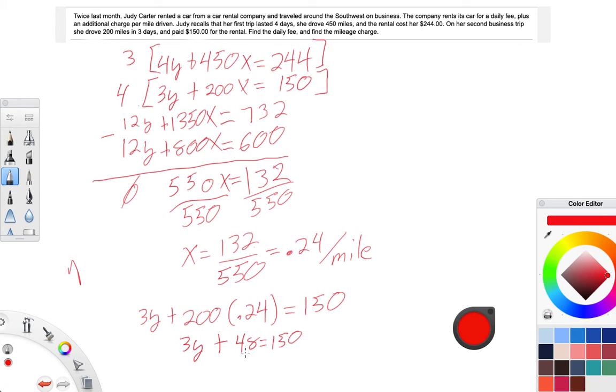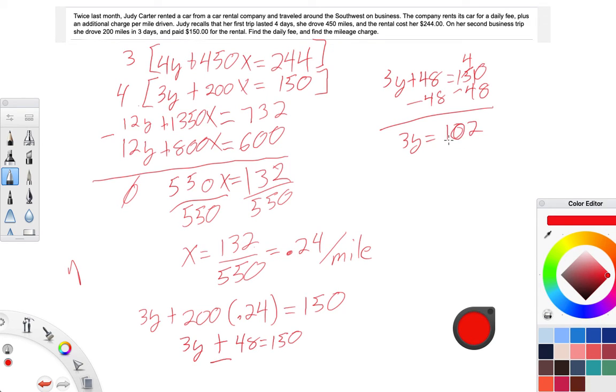Subtract 48 from both sides: 3y equals 150 minus 48, which should be 102.